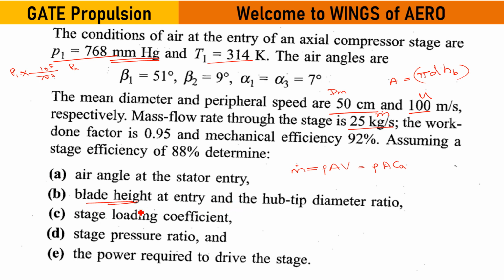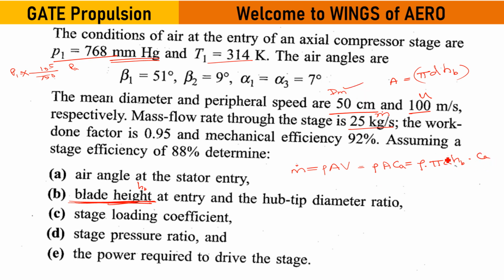If they have not mentioned any blade height, I can simply keep pi by 4 d square. Since they have used this hub and they ask us to find out the blade height, or if they have given width, I need to use this formula. So rho into pi d hb, where hb means blade height, into ca.